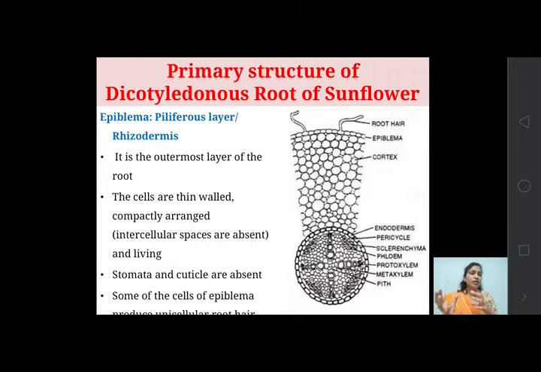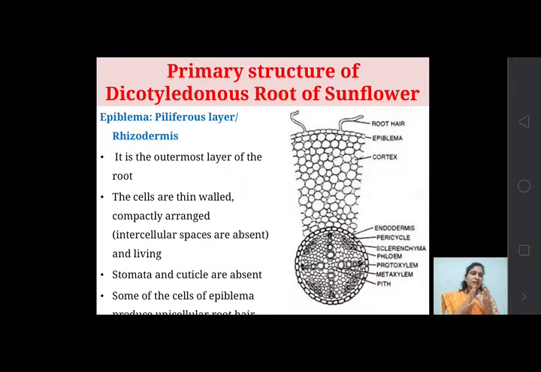So they don't need any protective covering, and also they have to absorb water. When a cuticle is present, they cannot absorb the water from the soil. Hence the cuticle is absent. So stomata and cuticle are both absent in the root epidermis or the root epiblema.